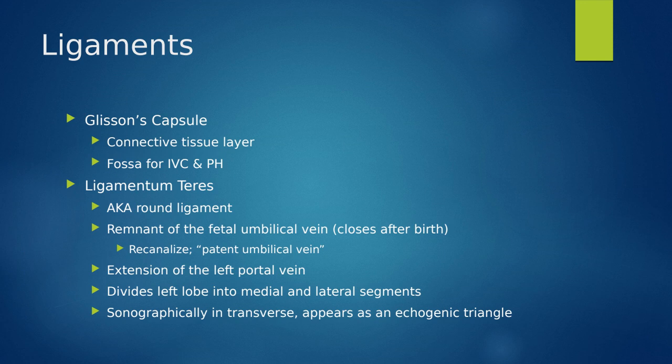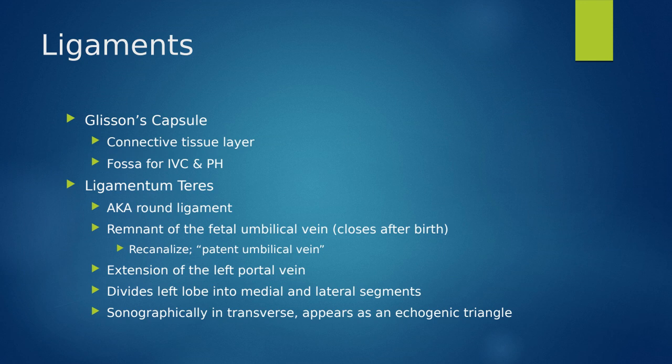In certain cases of pathology or diseases or certain conditions, that hallway, that pathway, that ligamentum teres can reopen and allow blood supply to travel through it from that left portal vein. It can recanalize, and we also call that a patent umbilical vein. Do we want to see that happen? No, because it's saying that something else is happening in that patient's body, but it can happen.